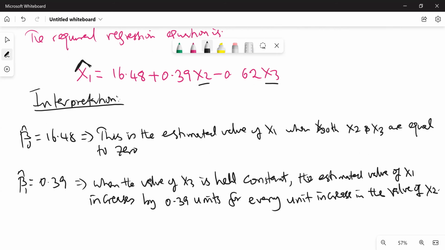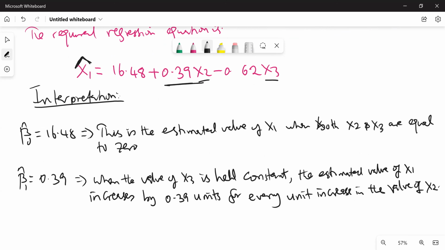Hope you got that. So when we're interpreting this coefficient, we must hold this guy constant. In other words, it's like we are reducing our problem into a simple linear case. So we hold all the other variables constant, then we interpret the current variable. So when you hold x3 and all the other variables constant, then the estimated value of x1, which is our dependent variable, increases by 0.39 units for every additional unit of x2.